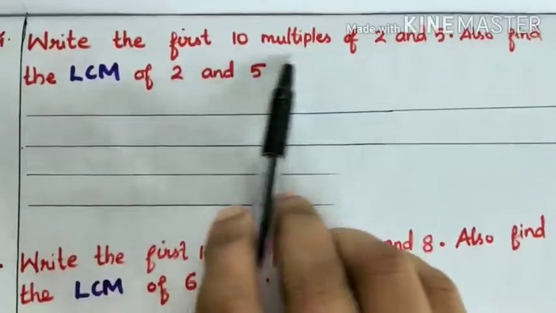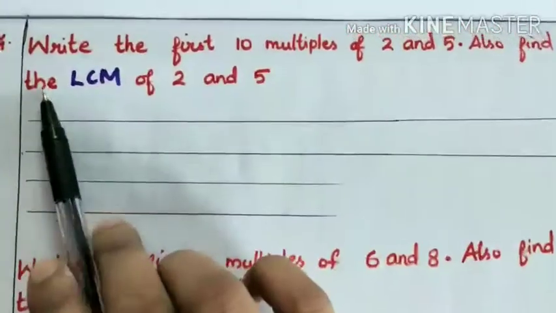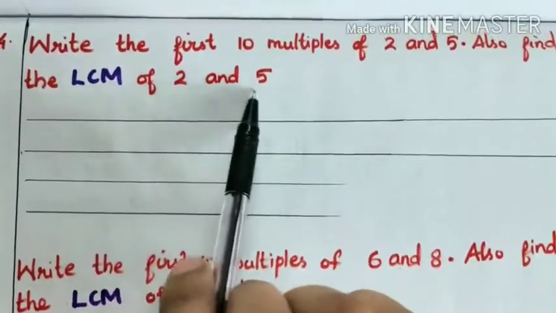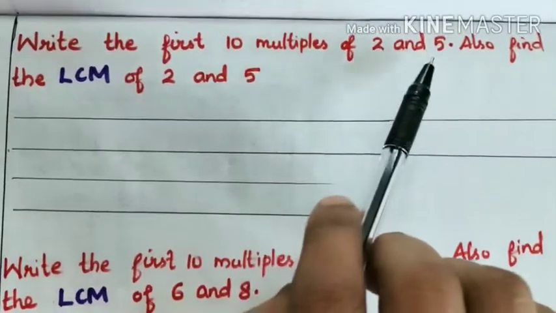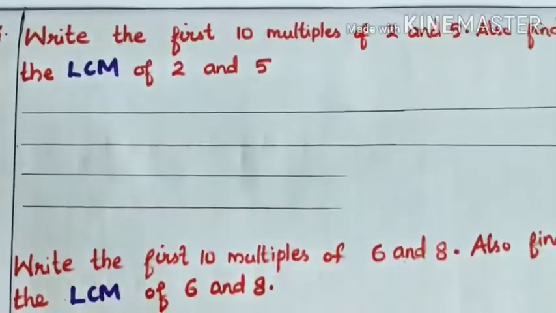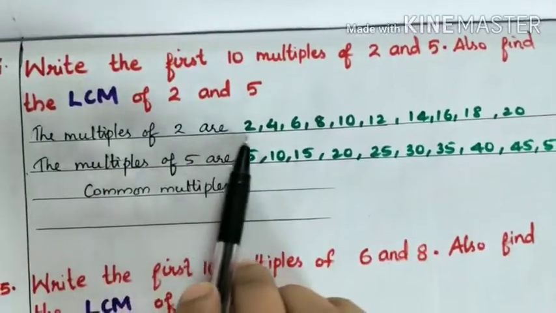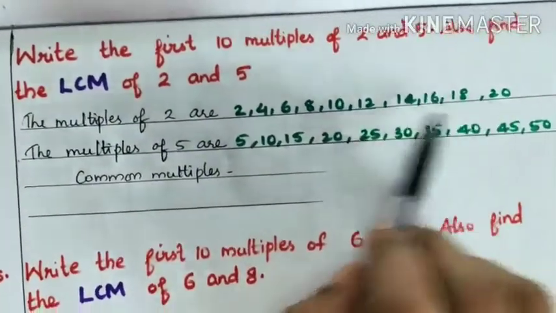Write the first 10 multiples of 2 and 5. Also find the LCM of 2 and 5. First we have to find the multiples of 2 and 5, then common multiples, then LCM. The multiples of 2 are 2, 4, 6, 8, 10, 12, 14, 16, 18, 20.